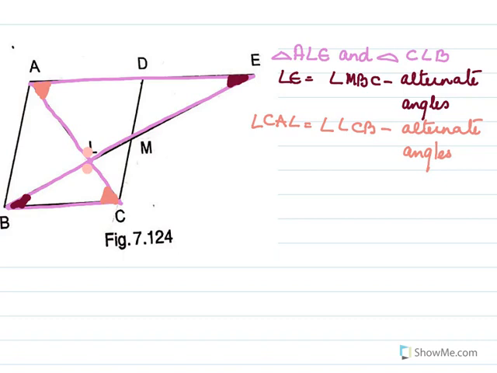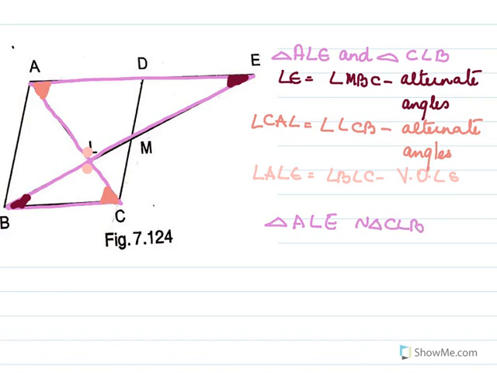And here we have angle ALE equal to angle BLC, vertically opposite angles. So the two triangles are now similar, that is triangle ALE is similar to triangle CLB.